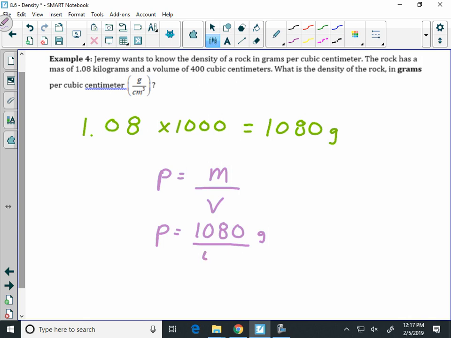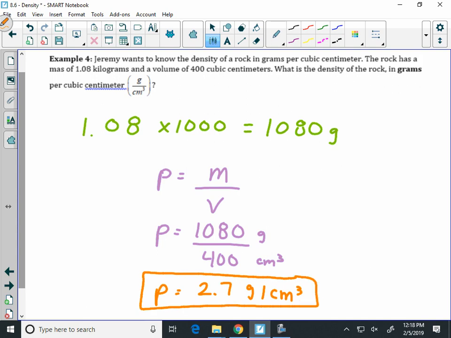They told us what our volume is. We don't have to find it. We can just plug 400 in for V. And then that was centimeters cubed. So we plug that in our calculator. What is 1,080 divided by 400? 2.7. So there's 2.7 grams per cubic centimeter. That is the density of that rock.